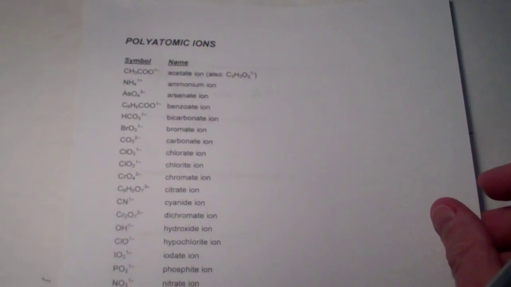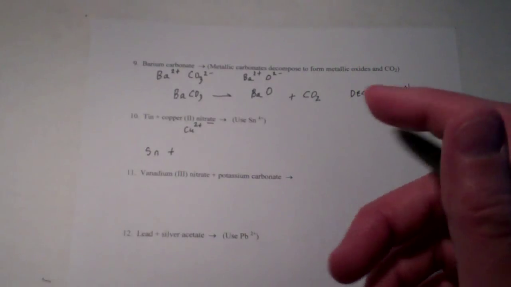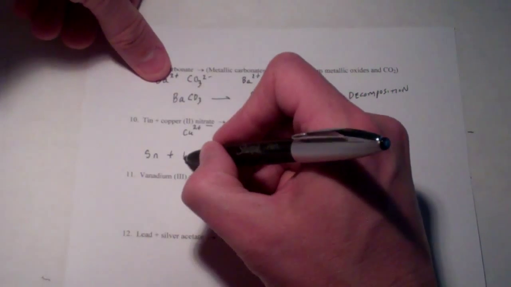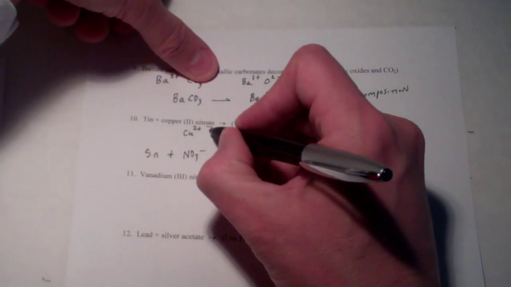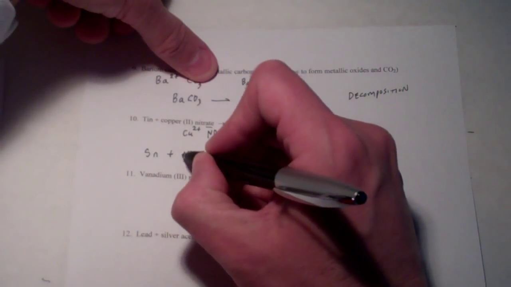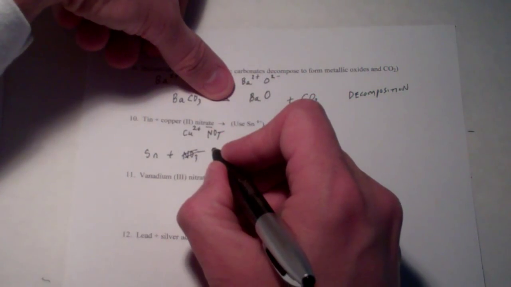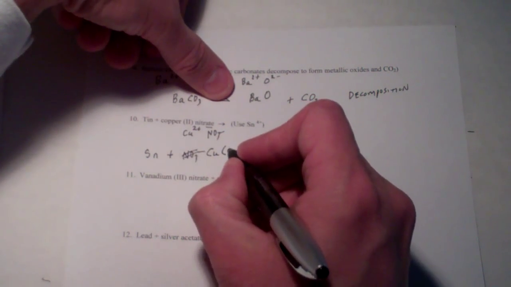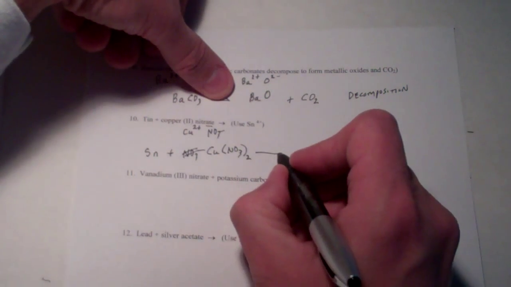We've seen that earlier in this assignment. Let's look it up again. Nitrate, NO3, negative 1. Oh, sorry, I put that in the wrong spot. So we have a copper 2 plus and a nitrate, which is 1 negative. So we need 2 nitrates to balance the charge.